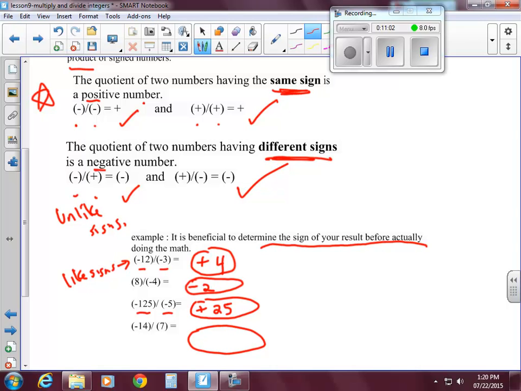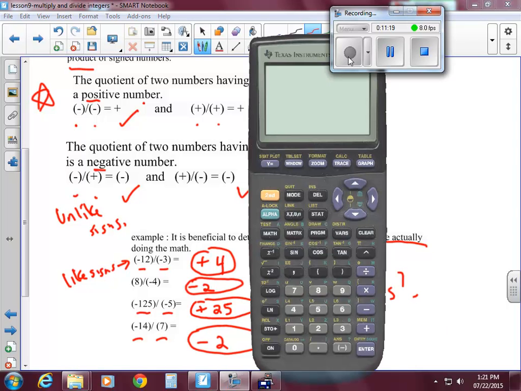And last but not least, you've got a negative divided by a positive. Those are unlike signs. You know it's going to be negative. And 14 divided by 7 is 2. So we're going to end up with negative 2. So you really have to get those signs under control. Now I will mention, say this last one, negative 14 divided by 7, you could key it into a calculator.